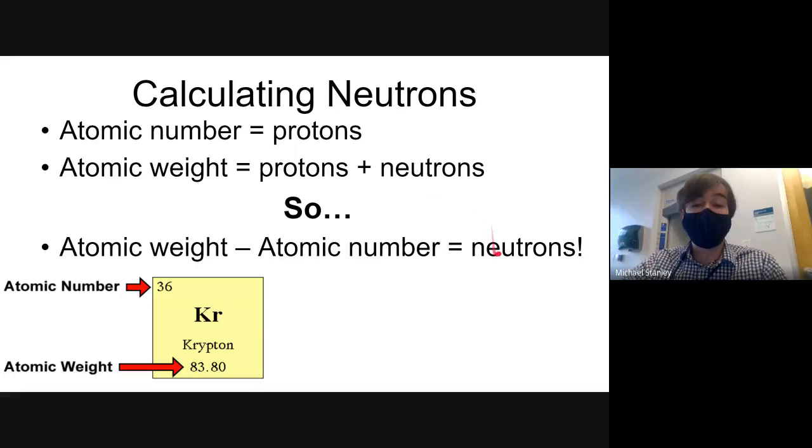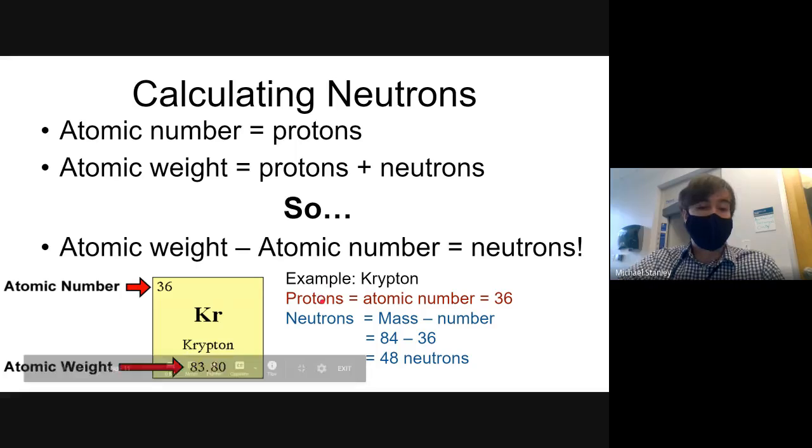For calculating your neutrons, if you don't want to deal with all those decimals, I would definitely recommend rounding it to the nearest whole number. That's totally okay, just because it makes it a little bit easier to deal with. So the atomic weight we can say is about 84 for krypton.